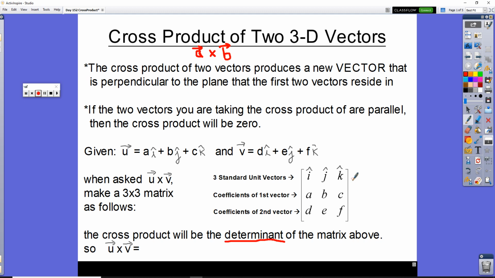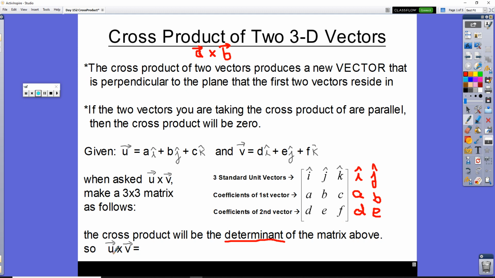So remember, for a 3x3 matrix, one of the things that we found really helpful in doing determinants was copying our first 2 columns from our matrix to the right of it. So i, a, d is going to get copied next to this, and the second column as well, j, b, e. This way you can finish all 6 of your diagonals.